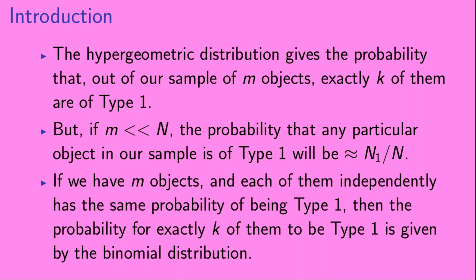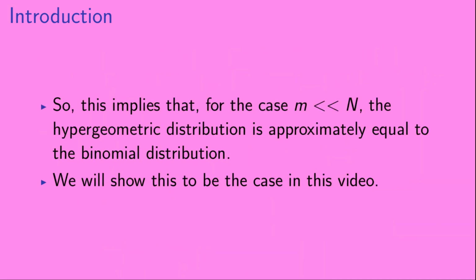If we have m objects and each of them independently has the same probability of being type 1, then the probability for exactly k of them to be type 1 is given by the binomial distribution. So this implies that, for the case where m is much less than n, the hypergeometric distribution is approximately equal to the binomial distribution. We will show this to be the case in this video.